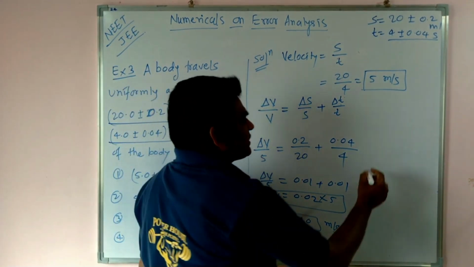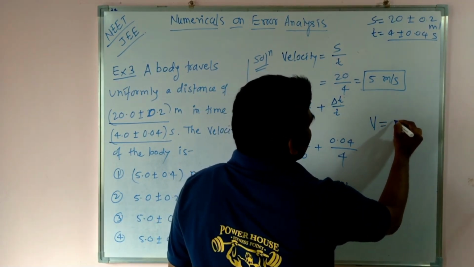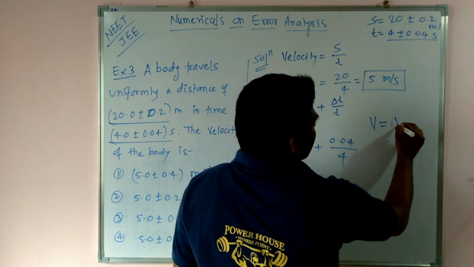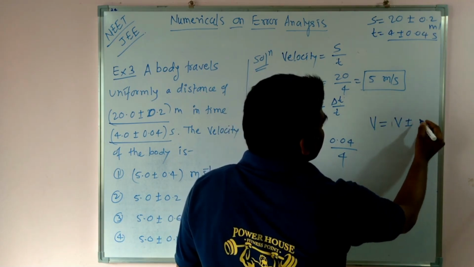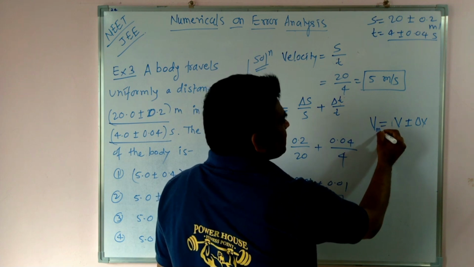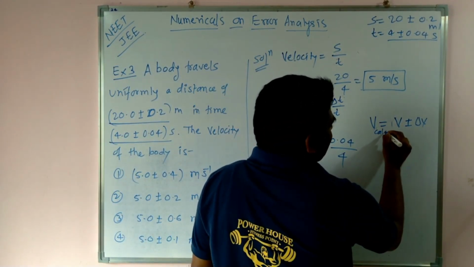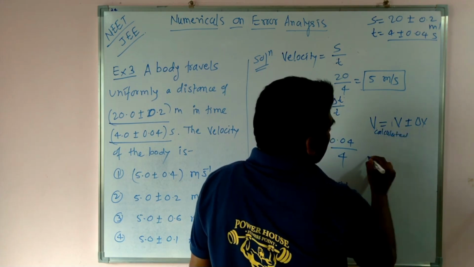So what is the final answer? V final is equal to velocity plus or minus delta V, what we calculated using the formula.